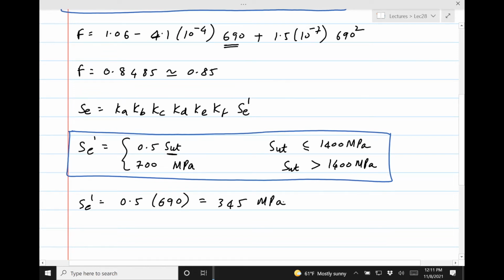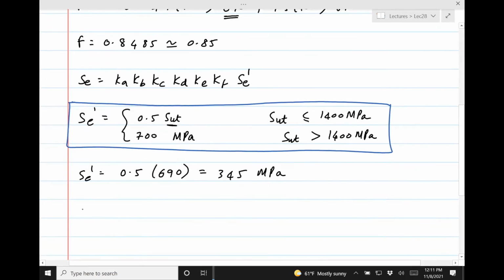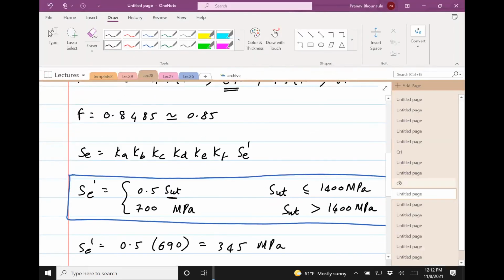Okay, now let's compute the factors, Ka all the way through Kf. Okay, Ka is the surface factor, I believe. And that depends on the kind of finish. We need to check what the finish is.